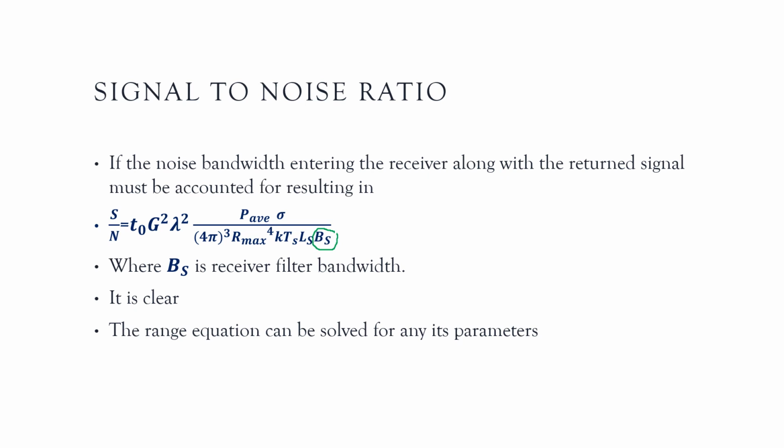That means the range equation can be solved for any of these parameters. So this is our topic of the radar range equation. I think you are now able to derive or write the derivation of the radar range equation. Thank you very much.